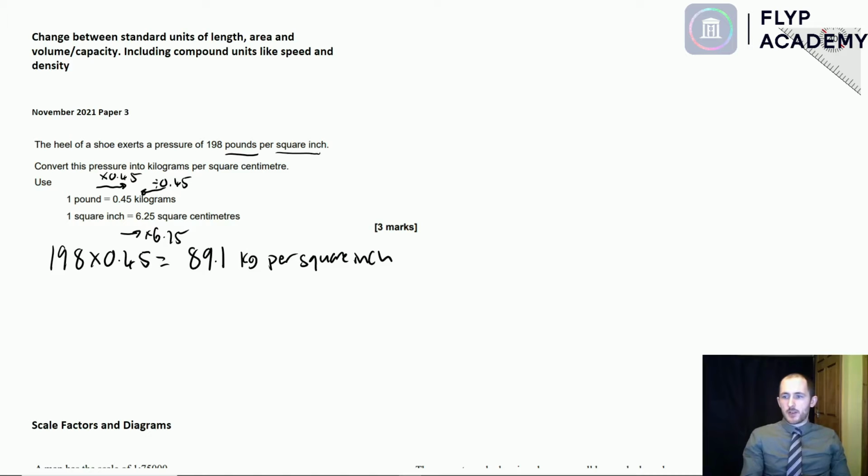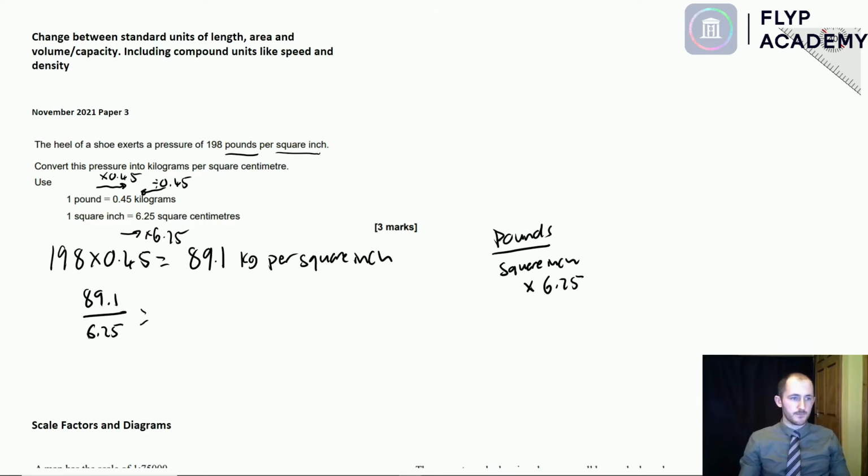So when we're doing this pressure, we have pounds, and then per square inch, the square inch is at the bottom. So if we're timesing this by 6.25, what we're doing to the overall thing is actually dividing, because the bottom, the denominator, is getting 6.25 times bigger.